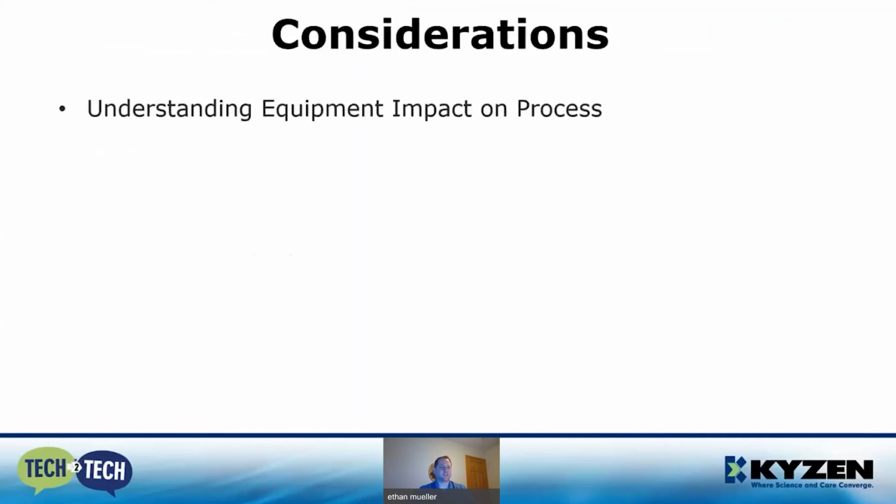The consideration when you're choosing a cleaning product, really understanding what your equipment is, how that's going to impact your throughput, how it's going to impact your cycle times, maybe exposure to the operator. These are all important things to consider. Your equipment really has a lot to do with your cleaning process.